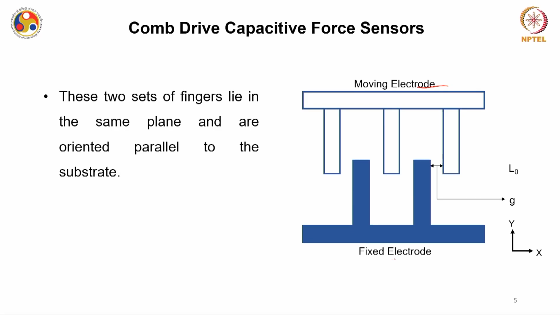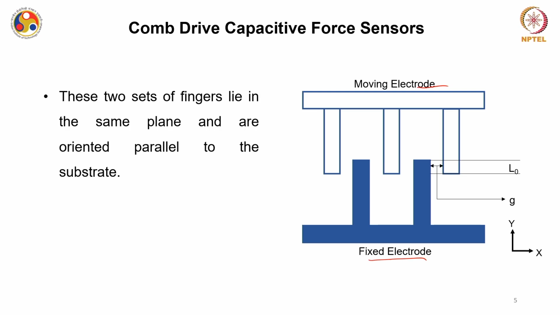In this course, we are going to see the two cases where the movement is along the x-axis and along the y-axis. Now, these two sets of fingers, the fingers of the moving electrode and the fingers of the fixed electrode, lie in the same plane and are oriented parallel to the substrate.